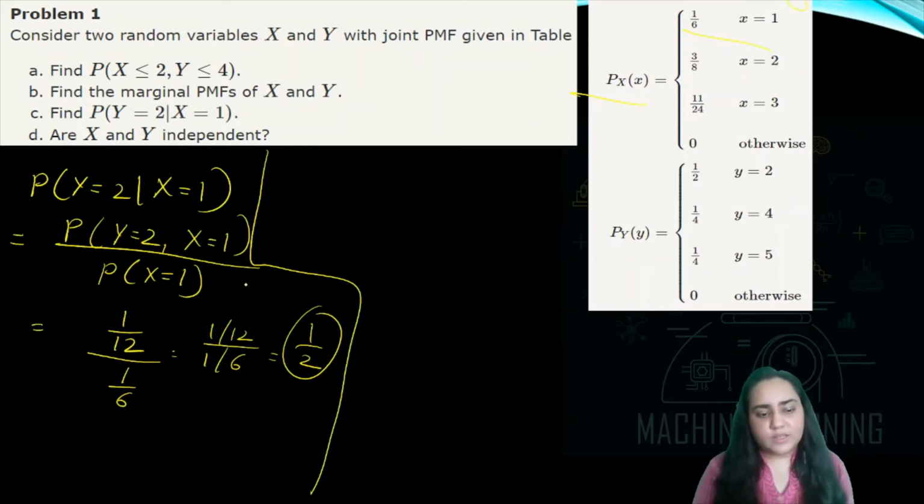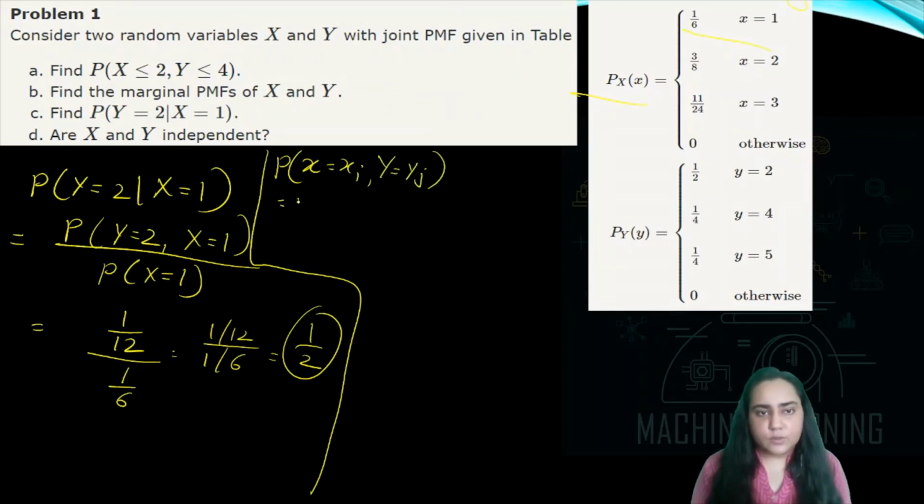So that means that x and y do not affect each other. If you can prove that x and y do not affect each other, then you can say they are independent. And to do that, suppose you write down p of x equal to xi and y equal to yj.